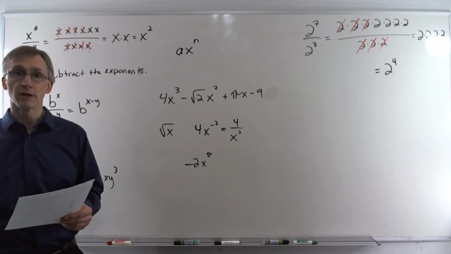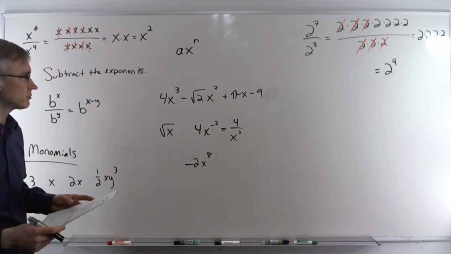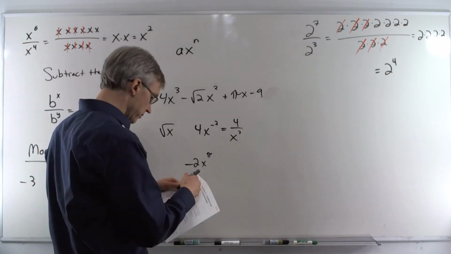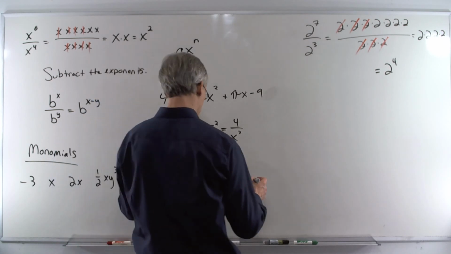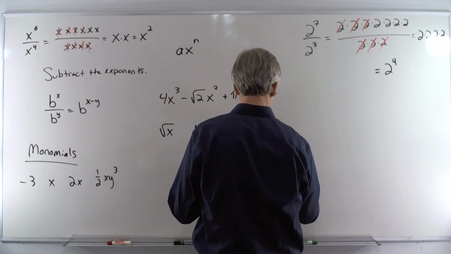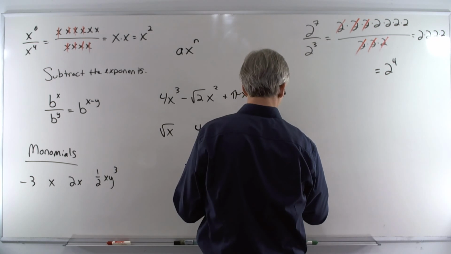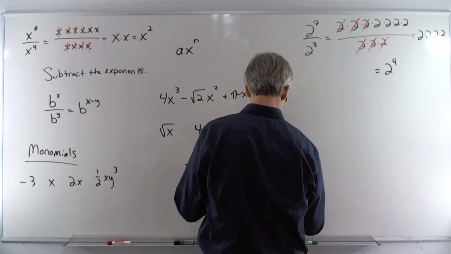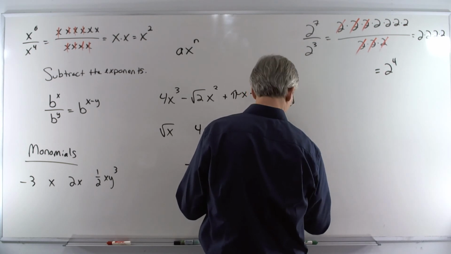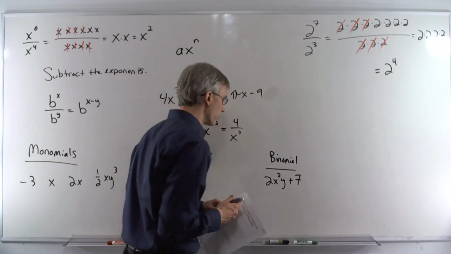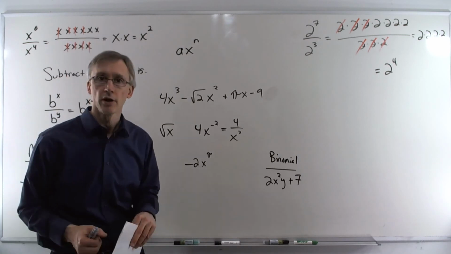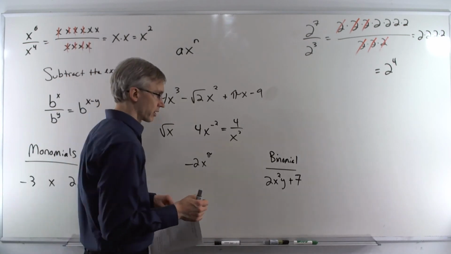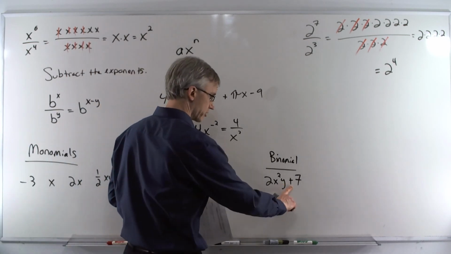Now, a binomial has two terms. So an example of a binomial, two x squared y plus 7. Recall that the terms are separated by either addition or subtraction.